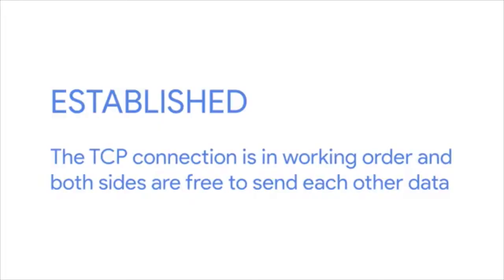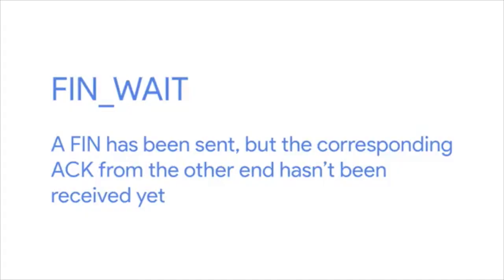Established. This means that the TCP connection is in working order and both sides are free to send each other data. You'd see this state on both the client and server sides of a connection. This will be true of all the following socket states too, so keep that in mind. FIN wait. This means that a FIN has been sent, but the corresponding ACK from the other end hasn't been received yet.